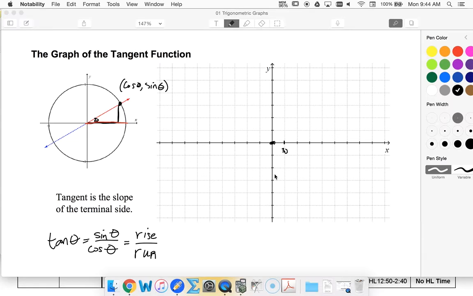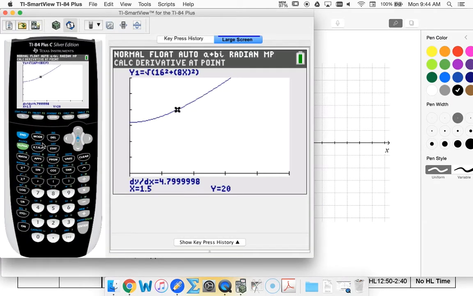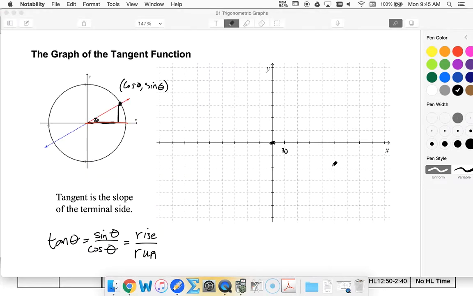So let's think about what that's going to be. Got 1 over root 3, so just over 1/2.